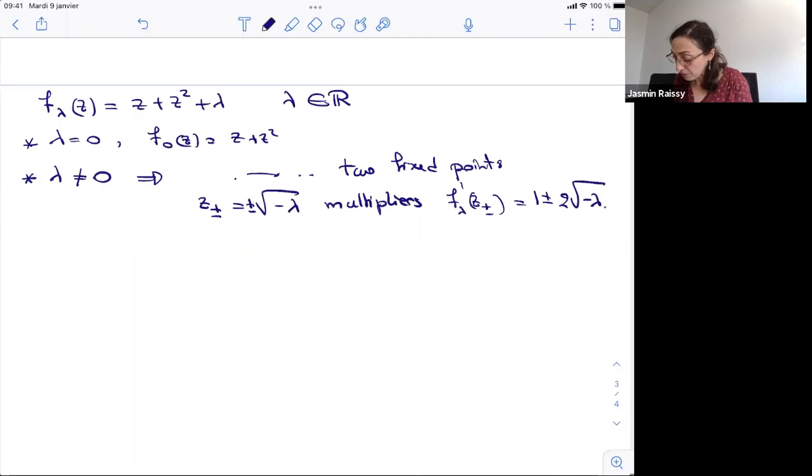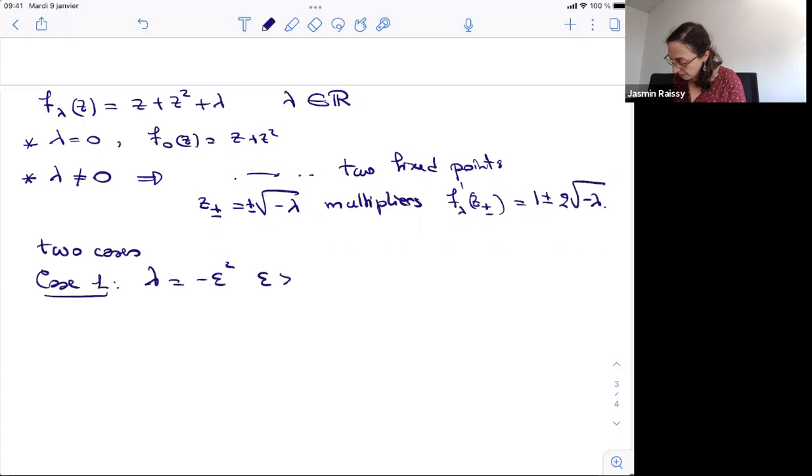Okay, so I have two cases. Either this root is real or not. So, case 1, lambda is equal to minus epsilon squared, because I don't like to use square roots, with epsilon a real positive number.